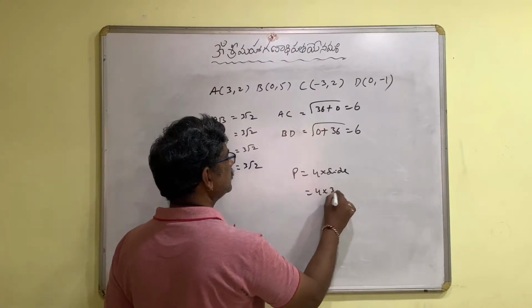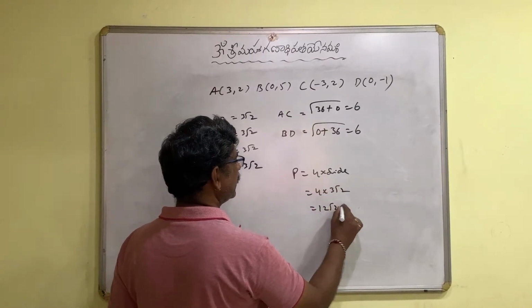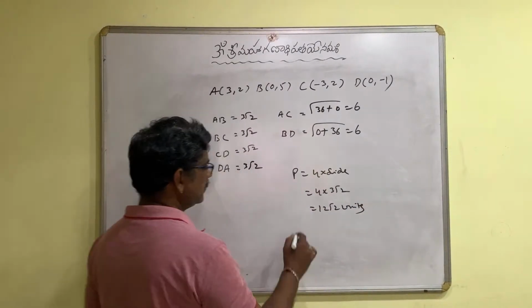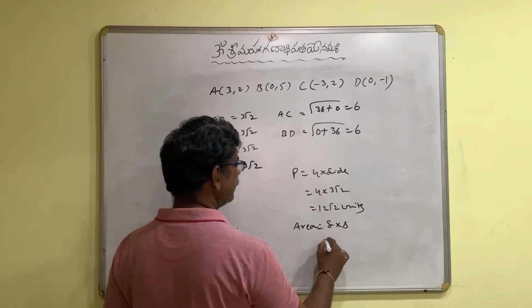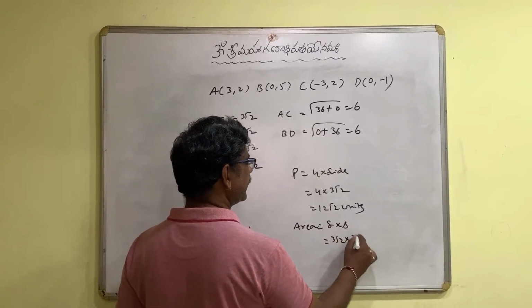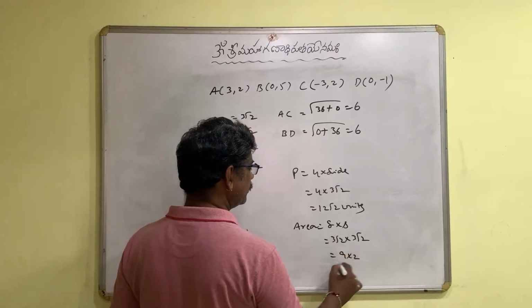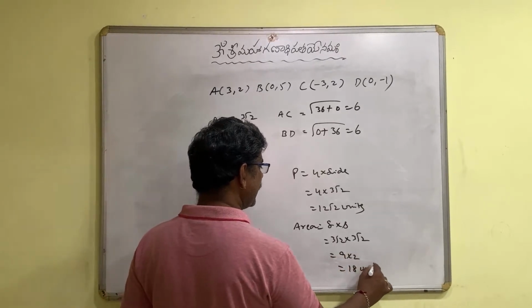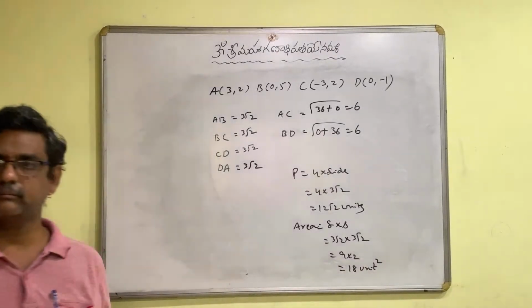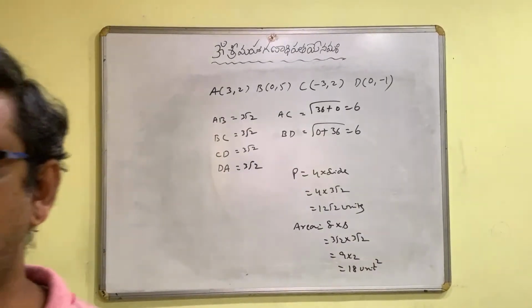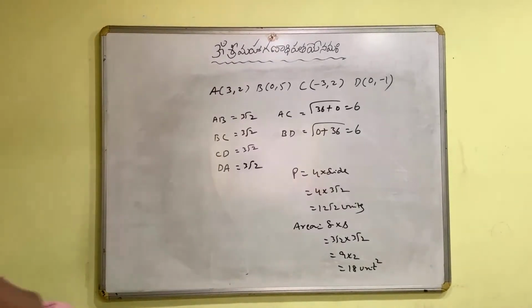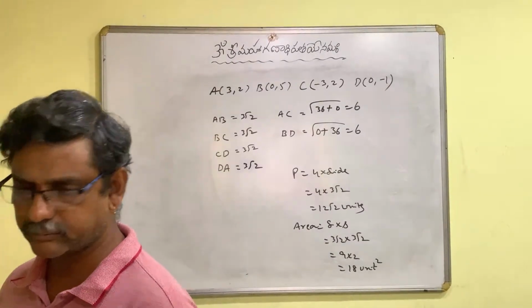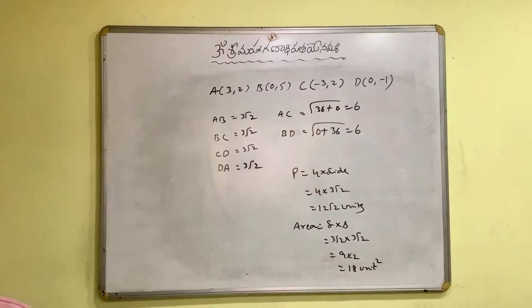So 4 into 3 root 2, 12 root 2 units. Even we can calculate area also. Side into side, 3 root 2 into 3 root 2, 9 into 2, 18 units square. Perimeter 12 root 2, area 18. We know area of a square is side into side. Next question.